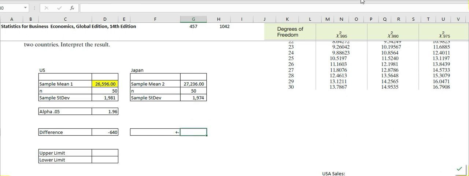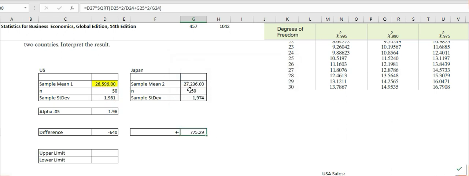So this one, alpha, multiplied by the square root of this one raised to the second power, multiplied by this one, plus this one again raised to the second power, multiplied by this one again.